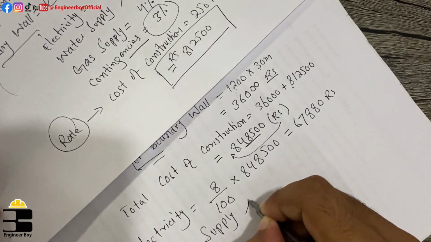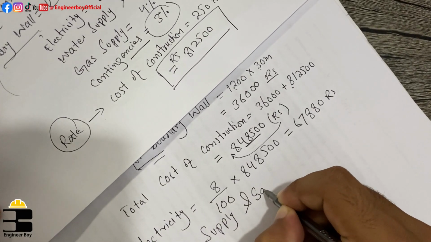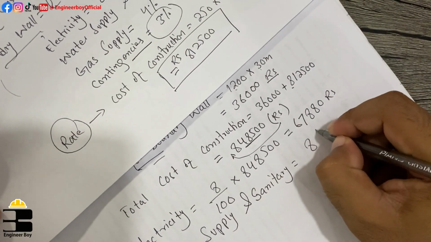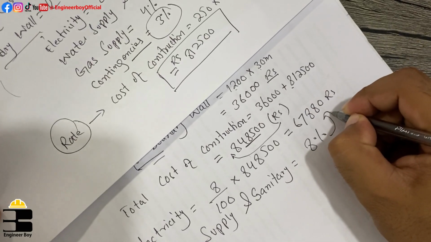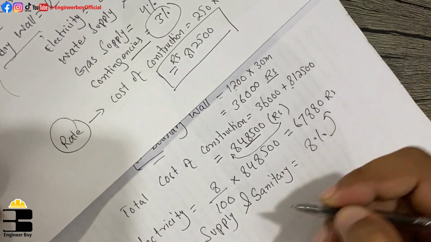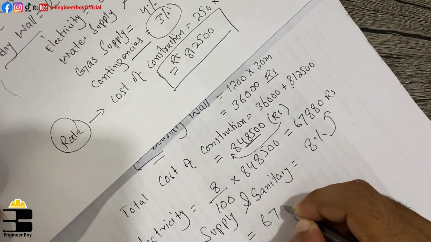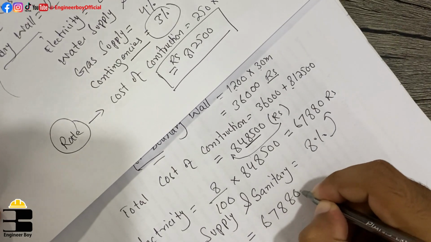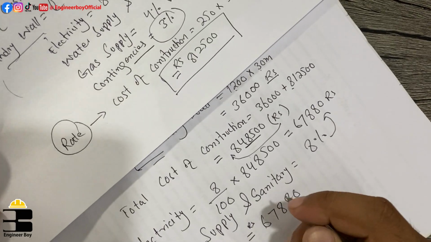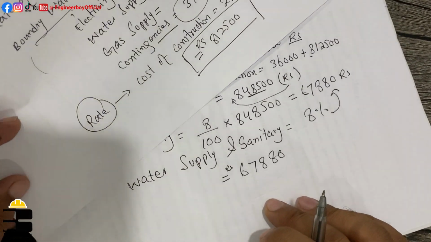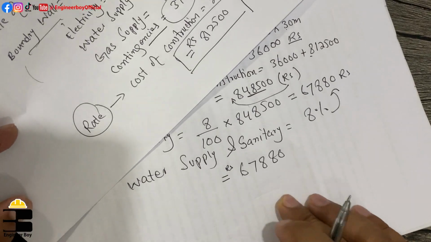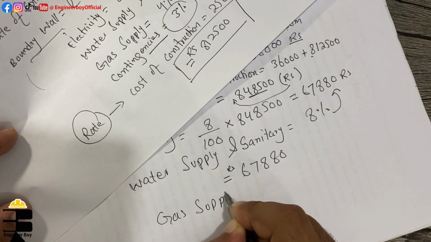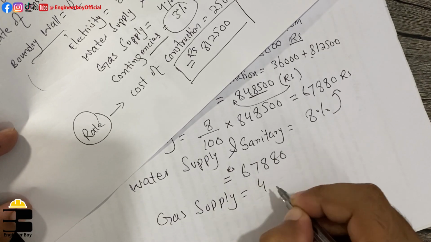Now we can determine water supply and sanitary. That is also 8%, the same thing as electricity, so that is 67,880 RS. Now let's move ahead to the gas supply. That is just 4%.